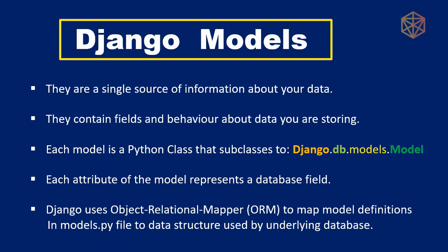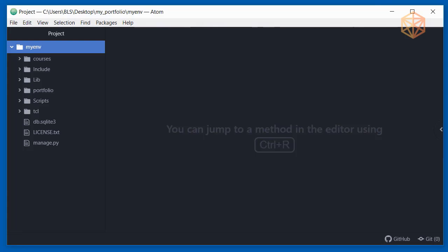So whatever database you're using, the data structure for that database is mapped using the object relational mapper. Any models you define are defined inside your models.py file, which is located in your Django project.